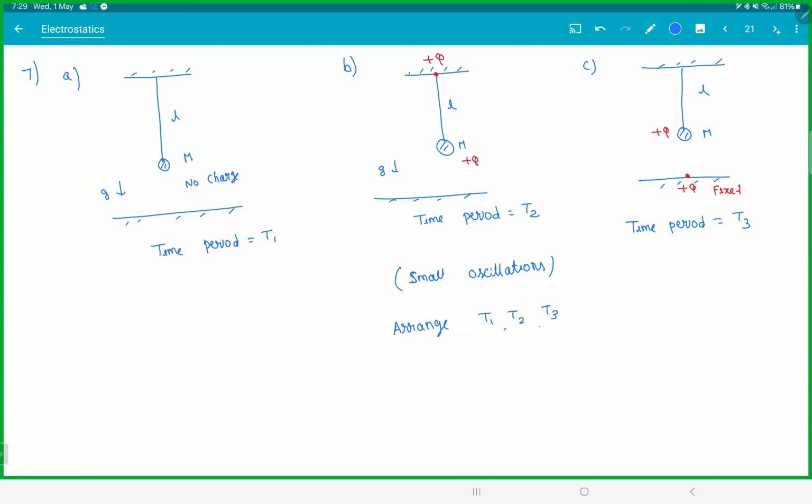So the distance between mass M and the charge, what difference will it make? Let's say there is some distance. I'm not asking you to calculate the exact value. I just want greater or less than.